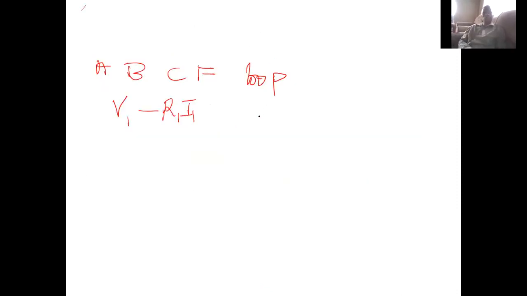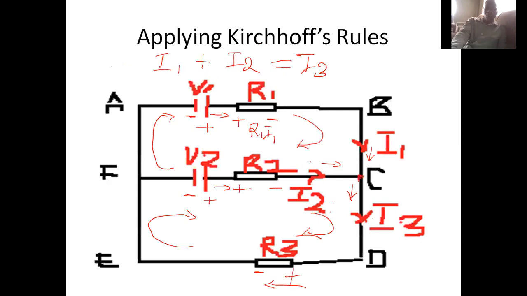Resistance times current. So we have positive R2 multiplied by current number 2. And so when we reach here, now we are going towards A. We notice that from here, we are moving from the high potential to the lower potential.